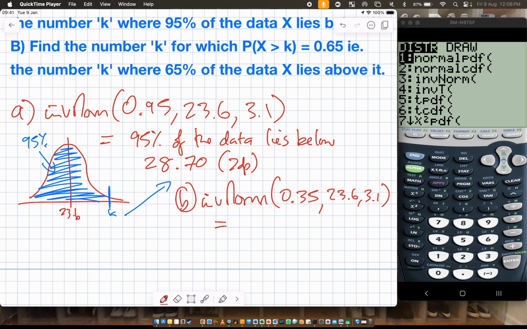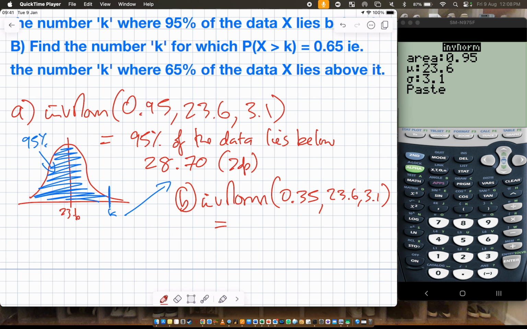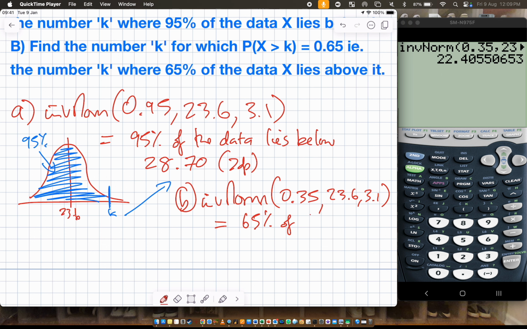So second, dist, inverse normal, 0.35. So you would say 65% of the data lies above 22.41 to 2 decimal points. Okay?